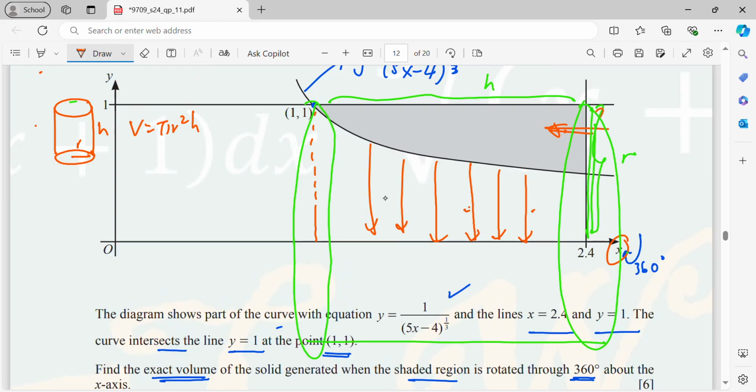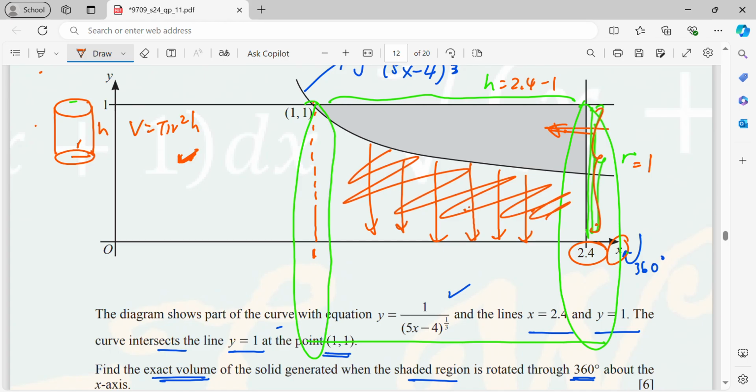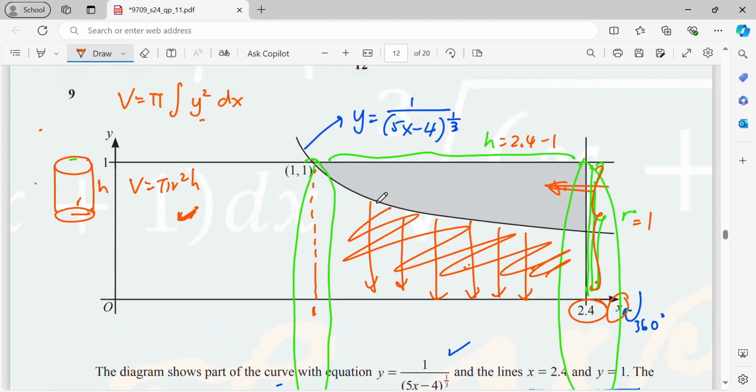So now my r becomes this height, which is 1, because my y coordinate is 1. Then my h is basically 2.4 minus 1. Okay, so then I find the volume of the cylinder. Then I subtract the volume below the graph, which is counted using this formula.